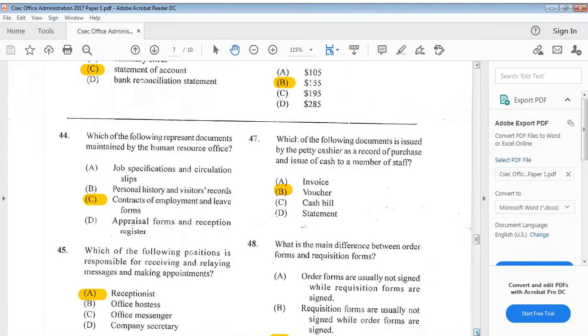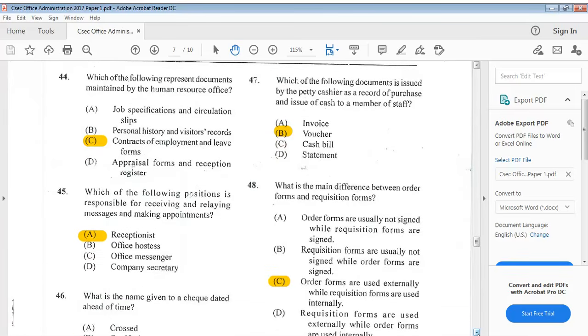Let's move on to number 45. Which of the following positions is responsible for receiving and relaying messages and making appointments? A, receptionist. B, office hostess. C, office messenger. Or D, company secretary. Our answer would be A. It would be the receptionist.